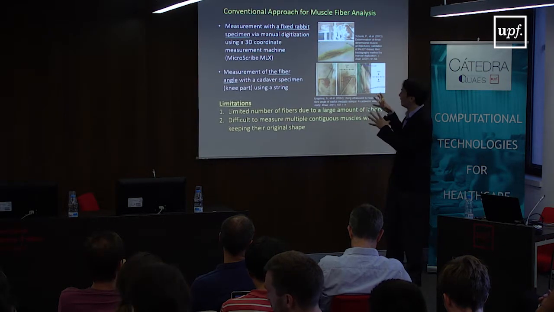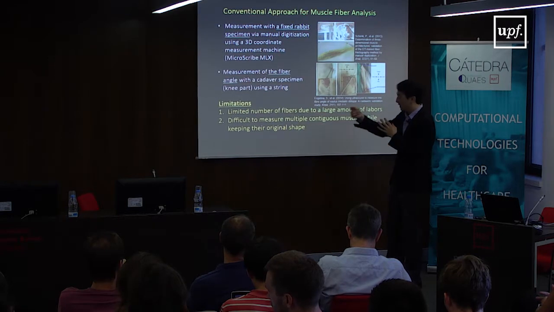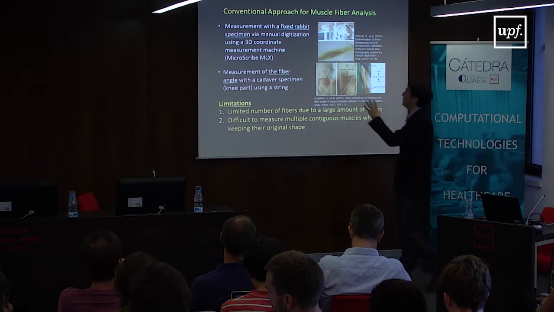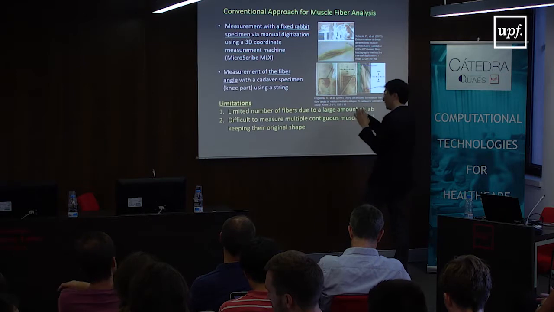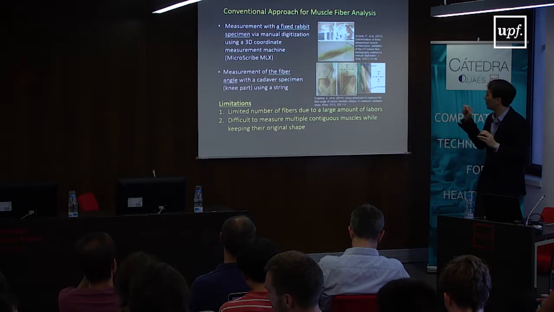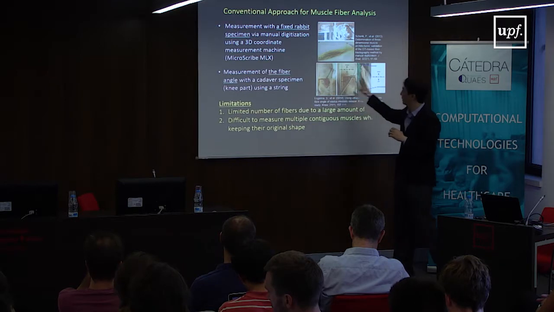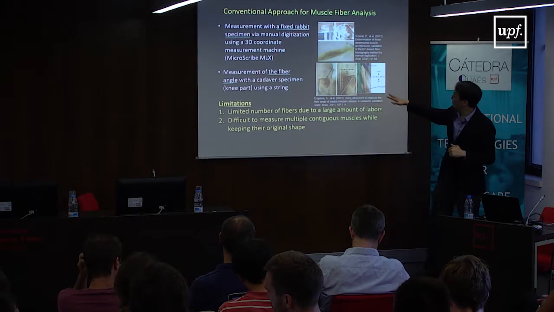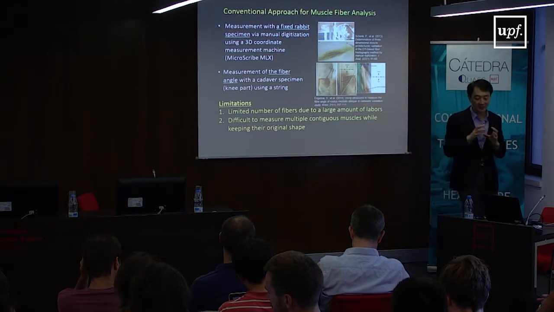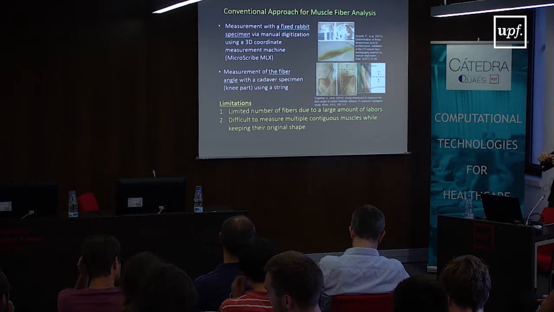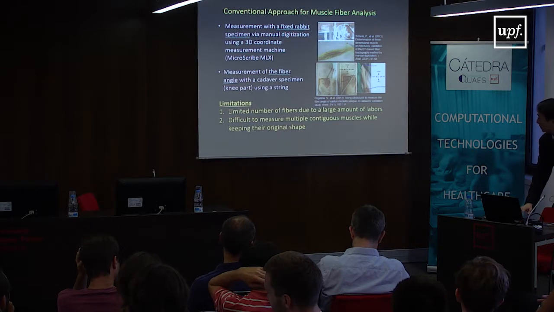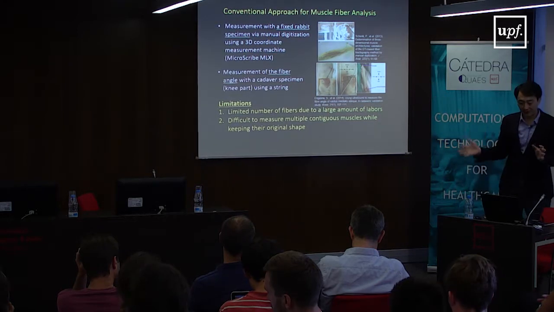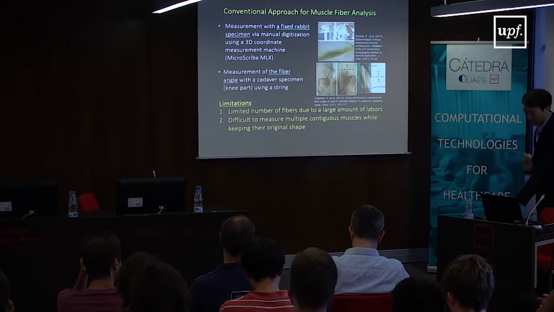They fixed a rabbit specimen and peeled each fiber one by one, and with a 3D digitizer, they recorded the 3D trajectory. Or this work is a human study, and they just measured the surface fiber from visible observation. But the limitations are quite clear. It's destructive measurement, so it's not easy to measure intact 3D body.